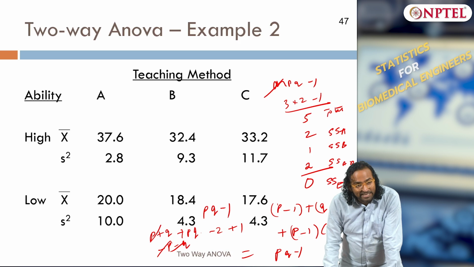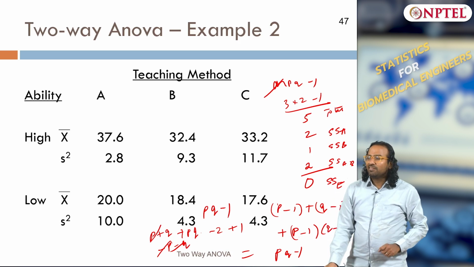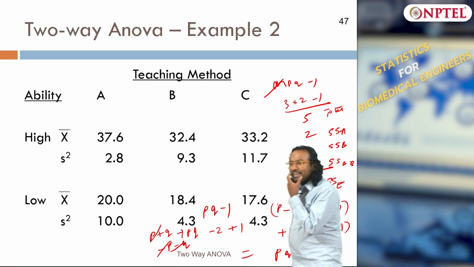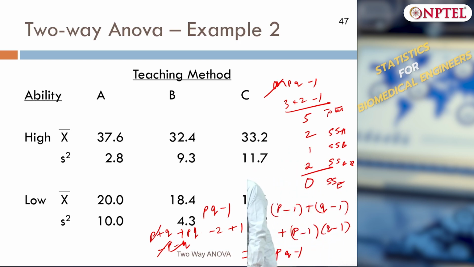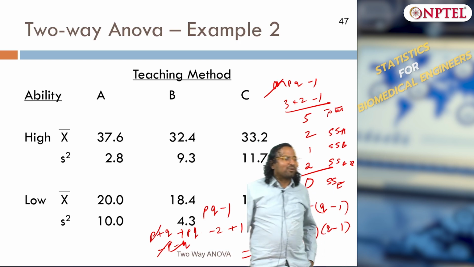So what is the error degrees of freedom always? 0. In a two-way ANOVA, the error degrees of freedom will always be 0 if you do not do a replication.